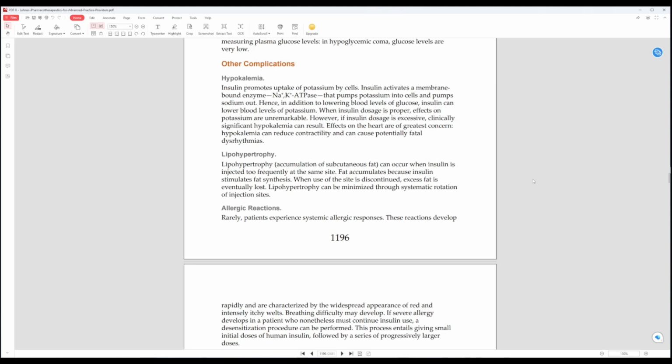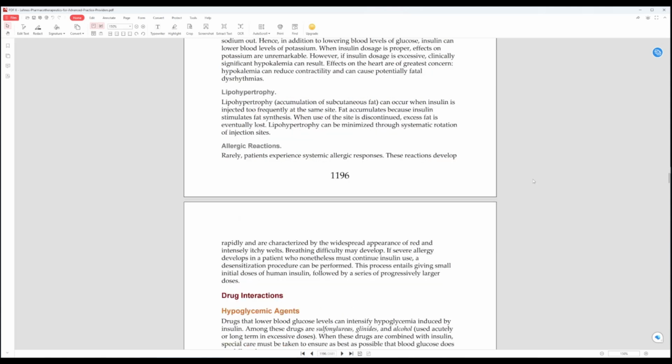When insulin dosage is proper, effects on potassium are unremarkable. However, if insulin dosage is excessive, clinically significant hypokalemia can result. Effects on the heart are the greatest concern. Hypokalemia can reduce contractility and cause potentially fatal dysrhythmias.